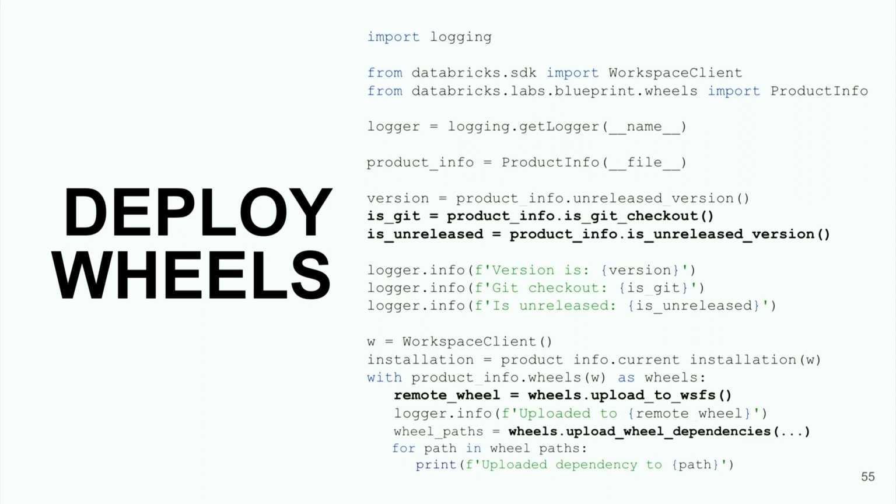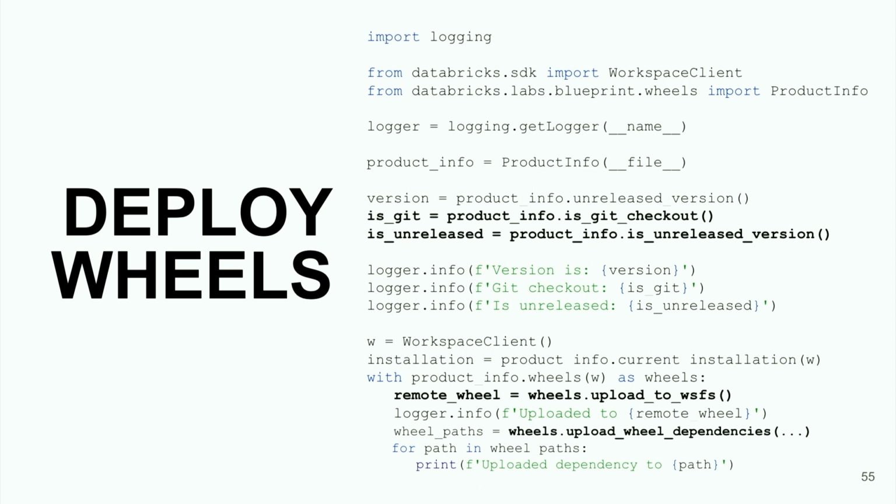But how many of you have private PyPI registries? Oh yeah, so this is for you, because you want to run integration tests with an unreleased version of that wheel, and often it's a big pain in the neck to deploy that unreleased version of a wheel to your private registry.